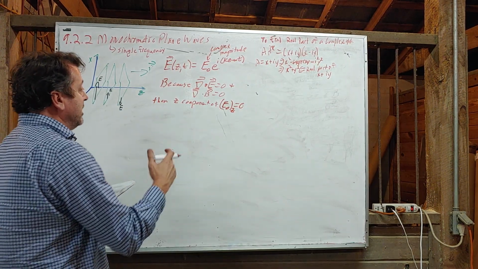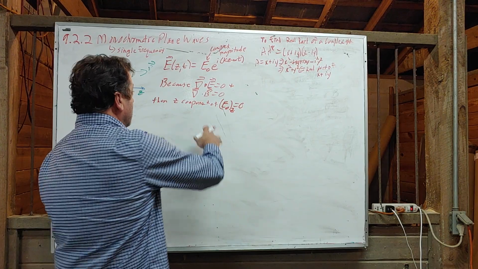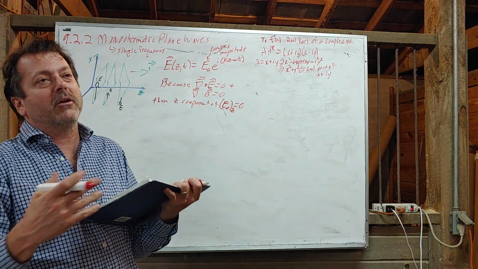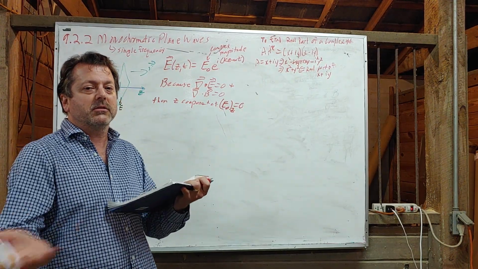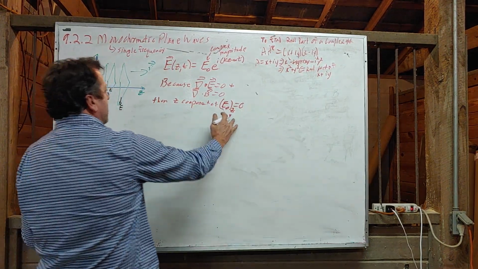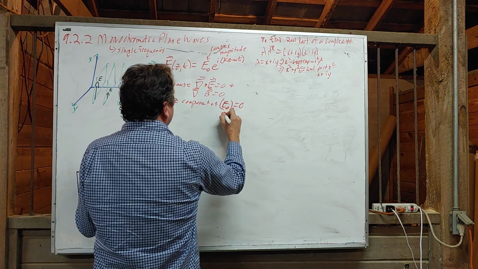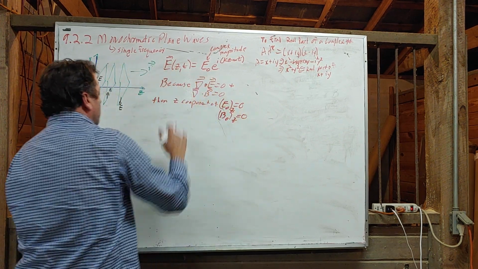Since it doesn't change any in the z direction, it doesn't change any. I mean, you could say, well, it's a constant value, but there's an old saying that if you got a constant, without loss of generality, you can call that constant 0. That's what they do here. Okay. And then the z component of B naught equals 0 for here.